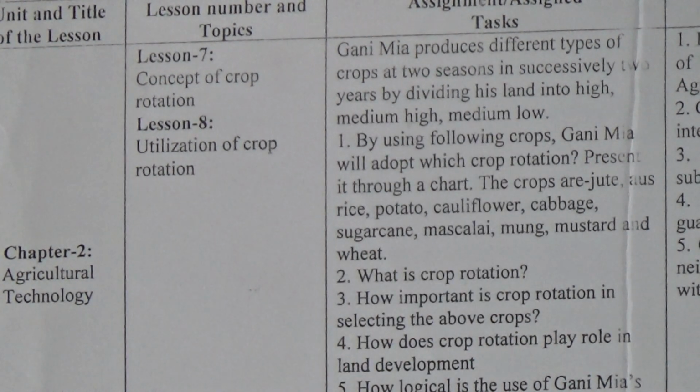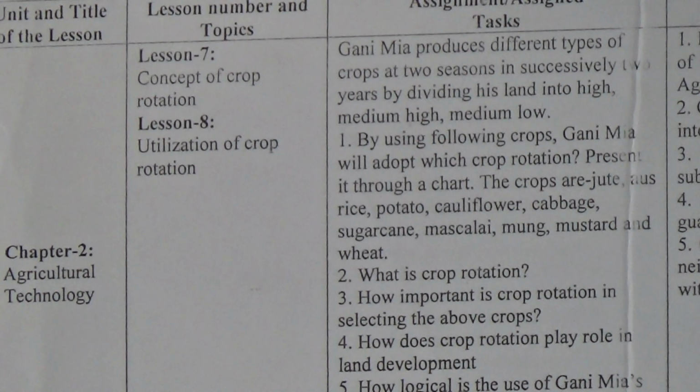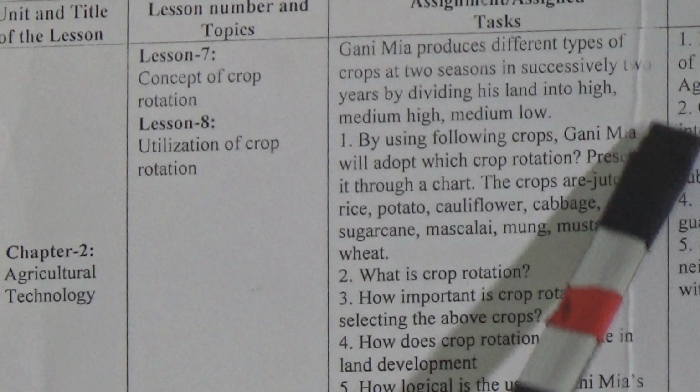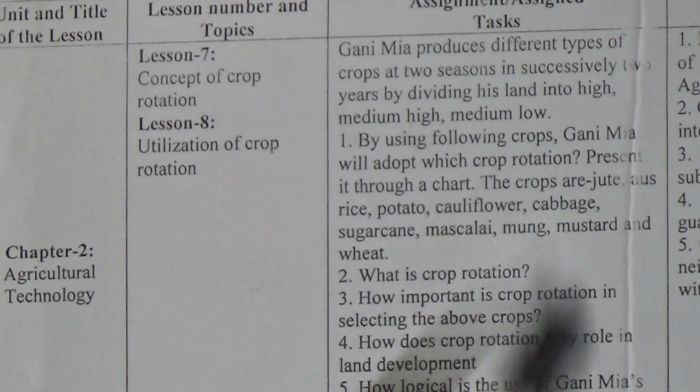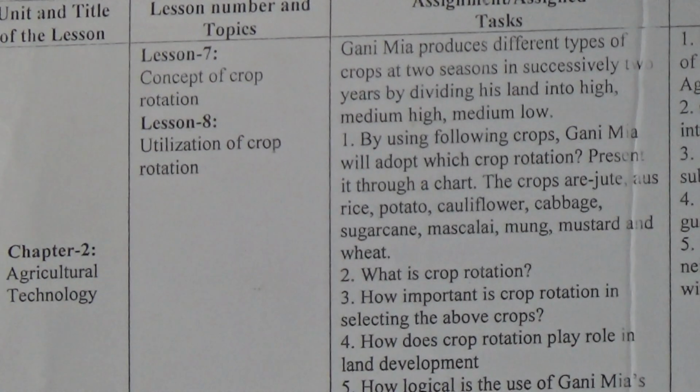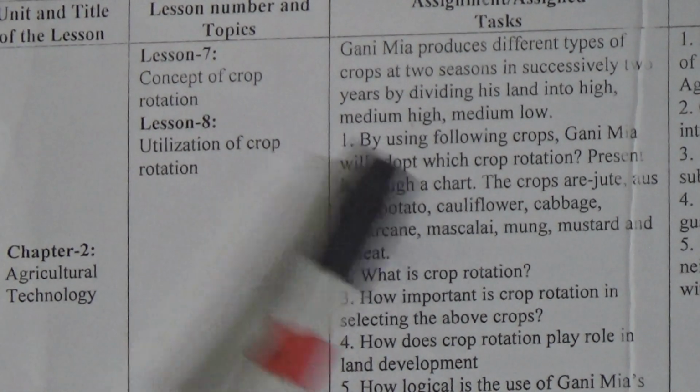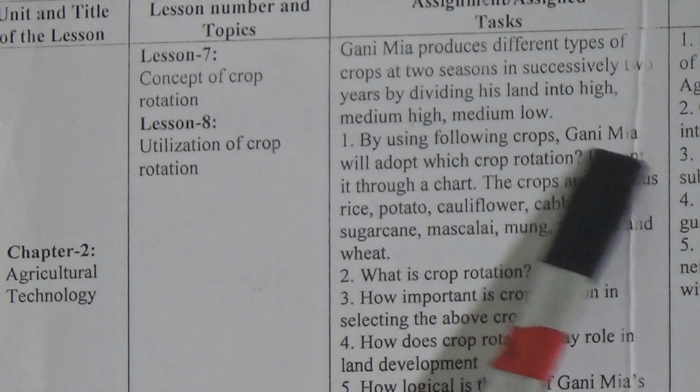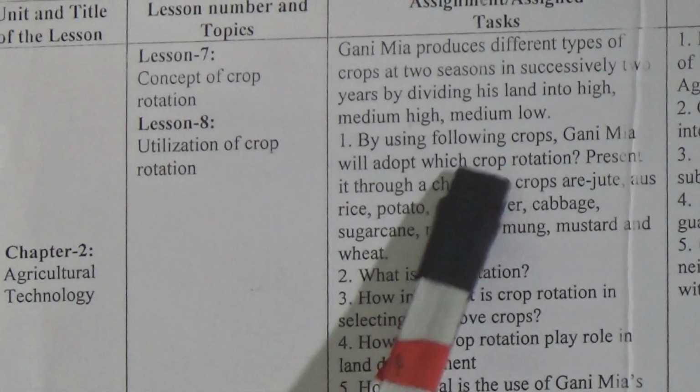That means Gonemia cultivates his land by dividing it into a few portions, like high, medium high, low, or medium low. By using the following crops, which crop rotation will Gonemia adopt?